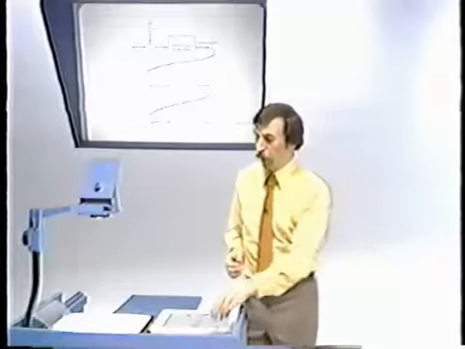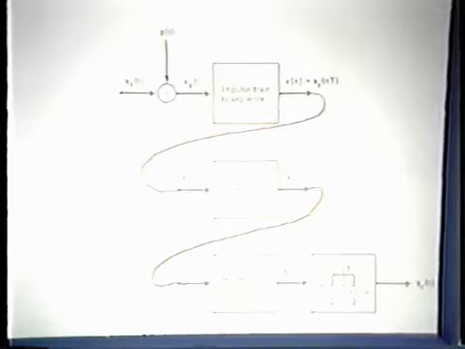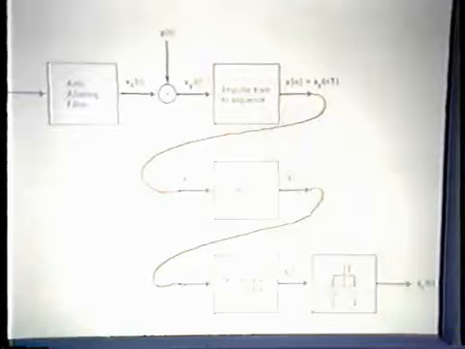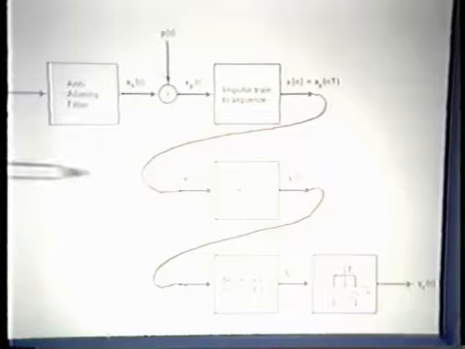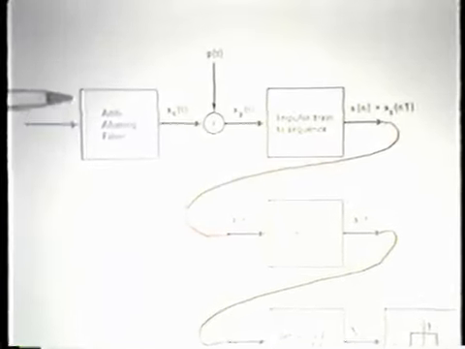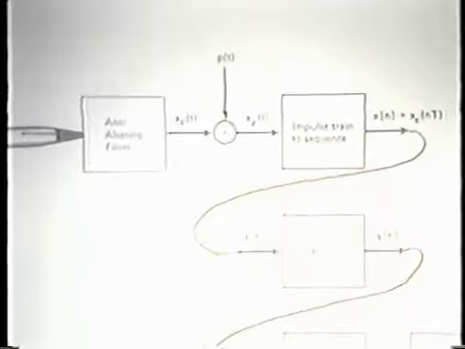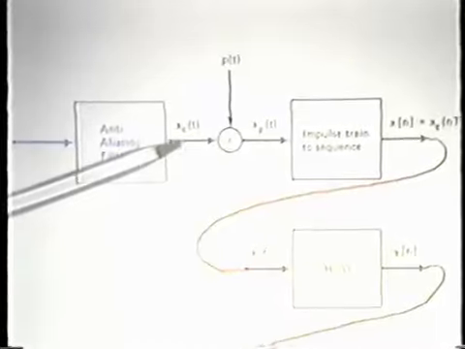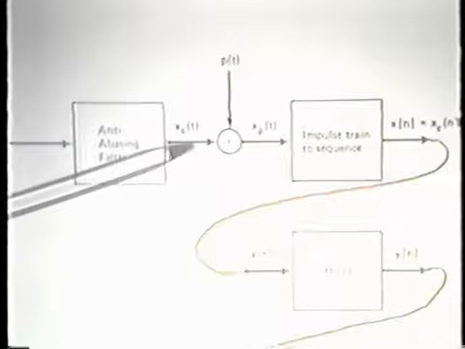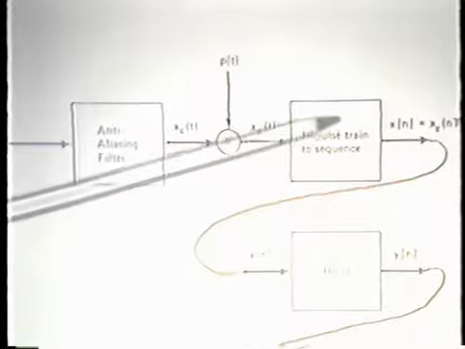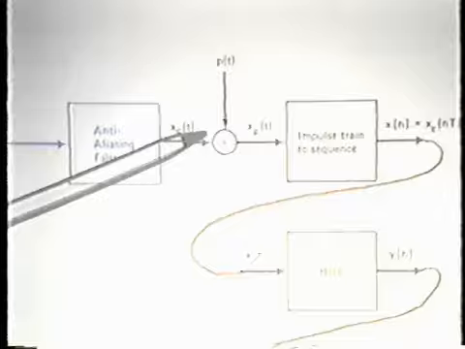Although a fairly typical thing to do, in addition to the sampling process, is to include what is referred to as an anti-aliasing filter. In other words, this is a filter that would band limit the input to at most half the sampling frequency, so that we are guaranteed that there is no aliasing in this process.